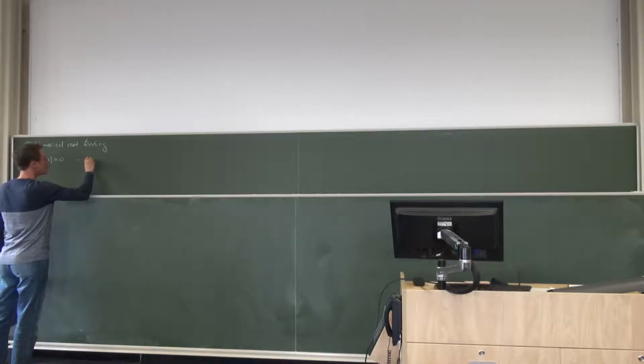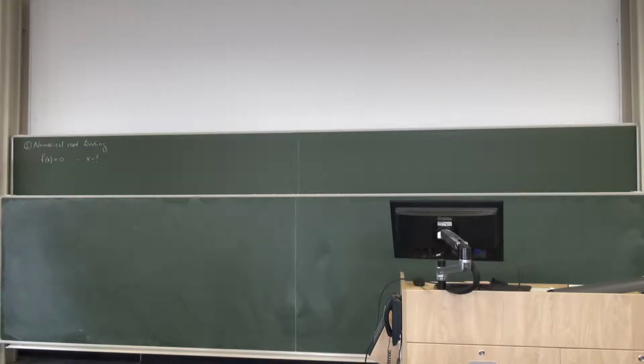And a root, as you remember from school, is just the value at which a particular function turns to 0. So we want something like f of x equals 0, and we would like to know what is x and how many of them there are.